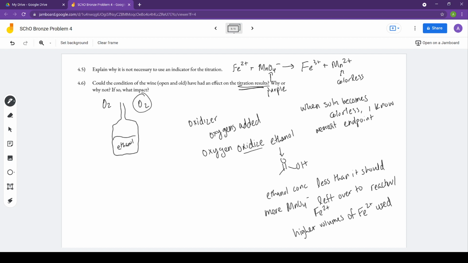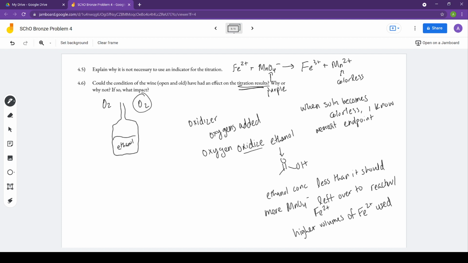So ethanol will oxidize to ethanoic acid, slowly, because there is oxygen in the air. What does that mean? There's going to be less ethanol in the wine than there should be, because it got oxidized to ethanoic acid before we even did the titration and tried to measure stuff. And that means that if there's less ethanol, there's less permanganate reacting with that ethanol.